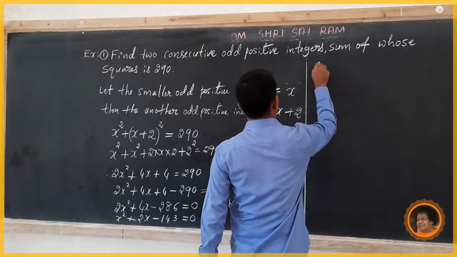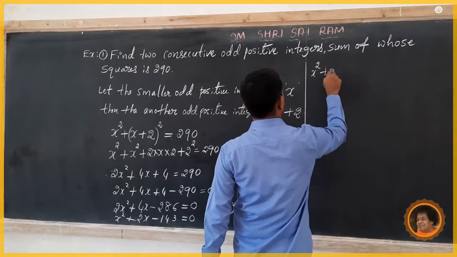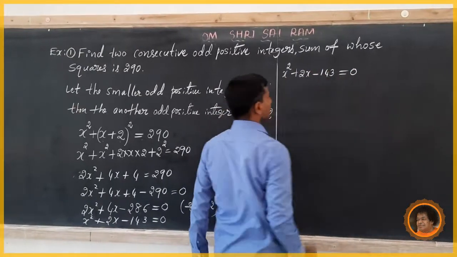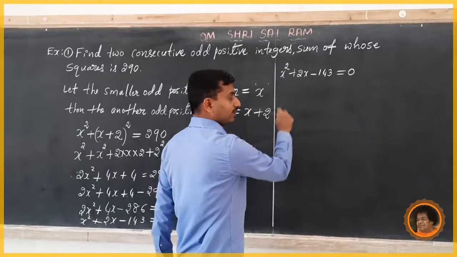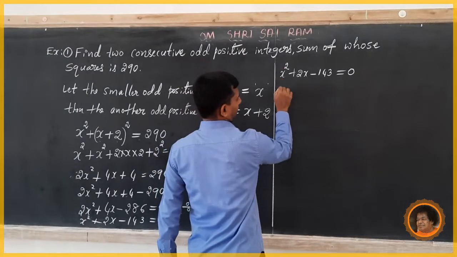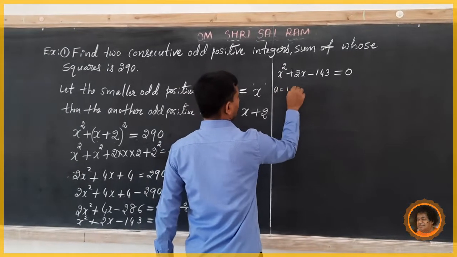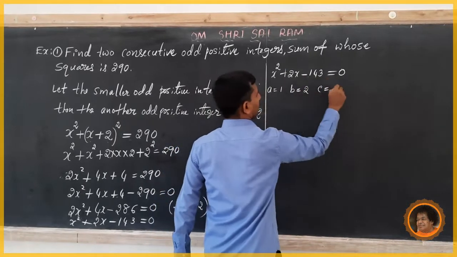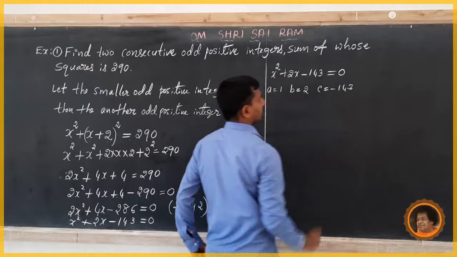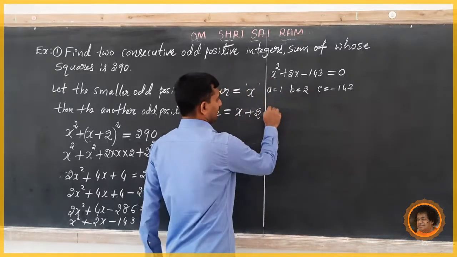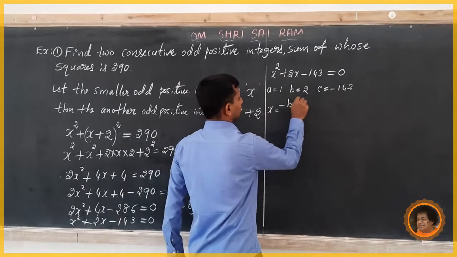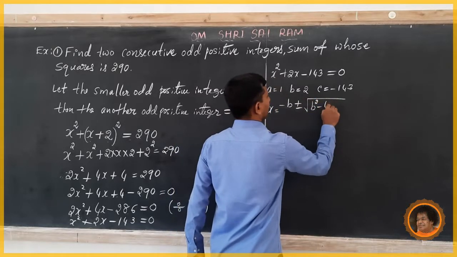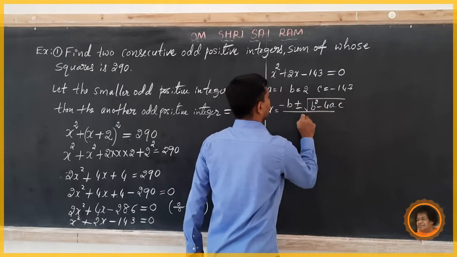So x square plus 2x minus 143 equal to 0. Solve this equation by the formula method. So the value of a equal to 1, b equal to 2, and c equal to minus 143. So what is the formula? x equal to minus b plus or minus square root of b square minus 4ac, divided by 2a.